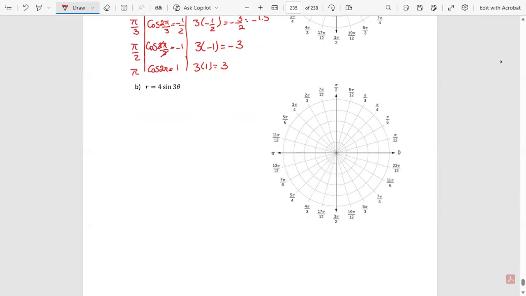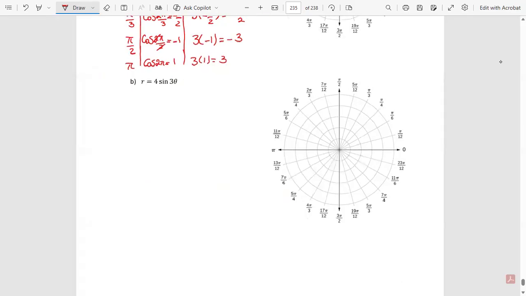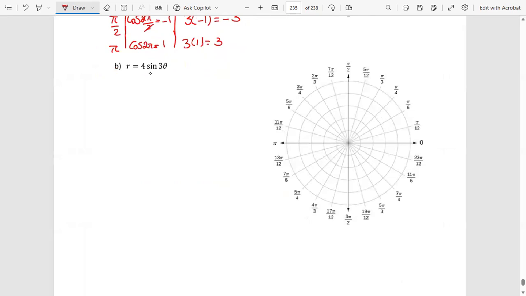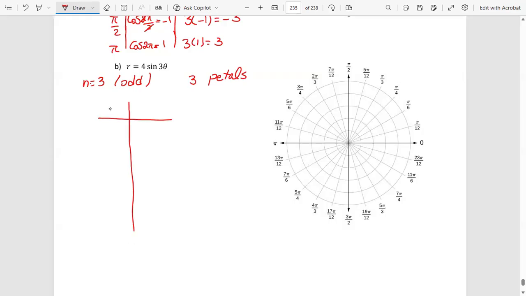r equals 4 sine of 3 theta. Again, that's a rose curve because of sine 3 theta. And n is 3. When n is 3, which is odd, that means we have 3 petals. Okay, let's create the table of values. Theta and r.